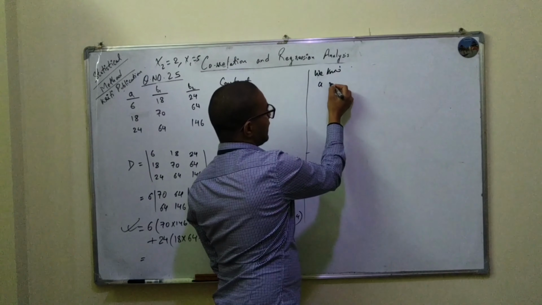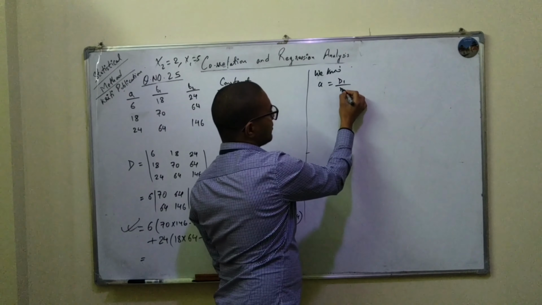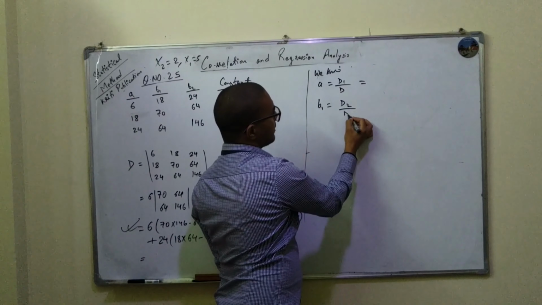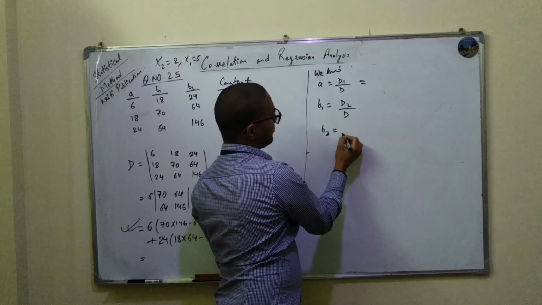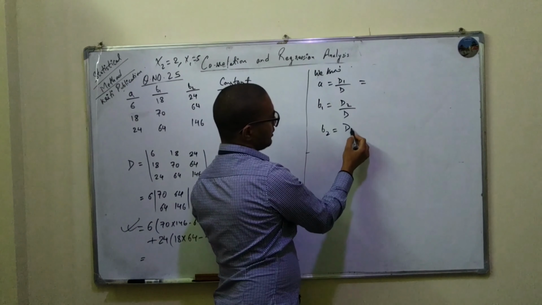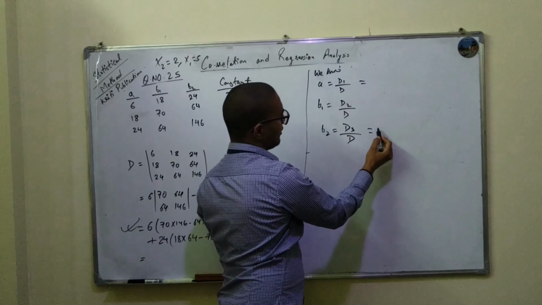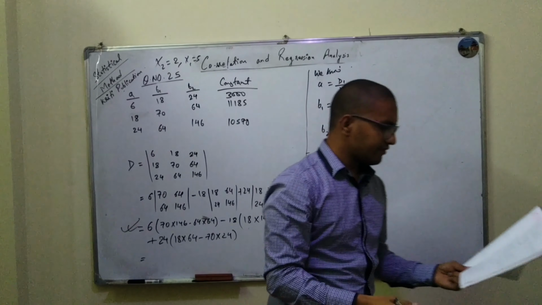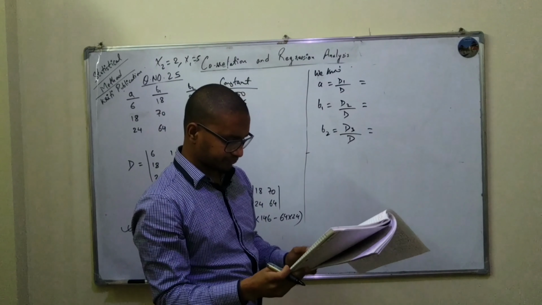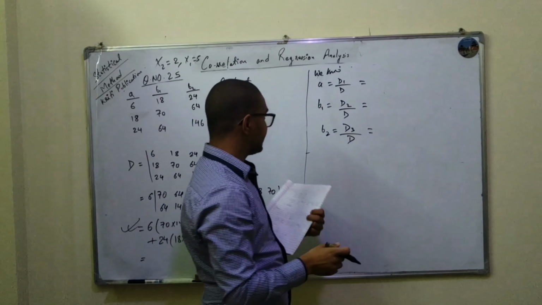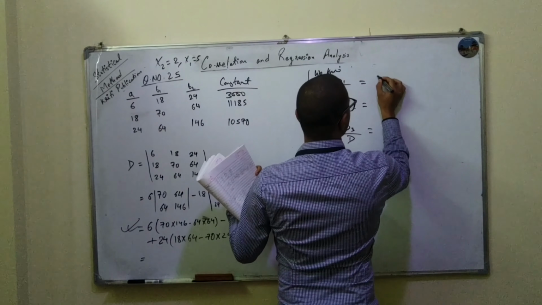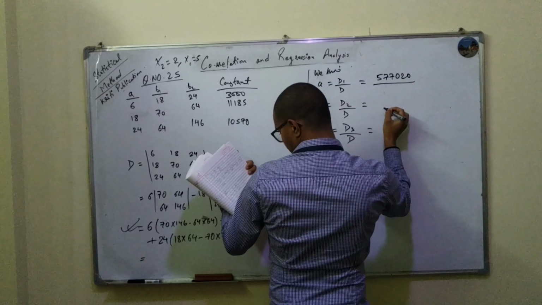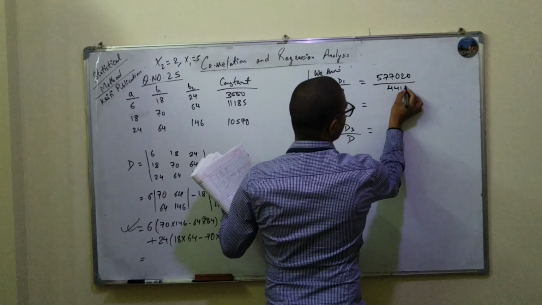We know A is equal to D1 divided by D. B1 is equal to D2 divided by D. B2, okay? D3 divided by D, okay? So what are our values? First of all, let's just look at that. I've already computed it. So it's basically 577,020 divided by 4416.